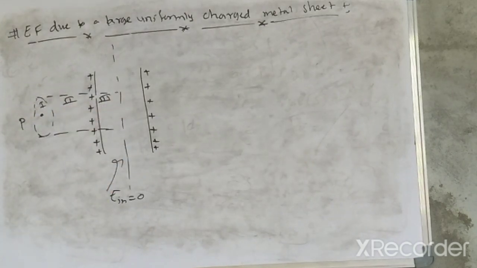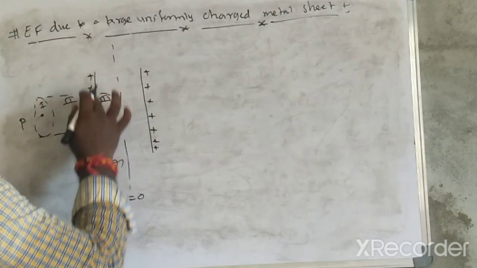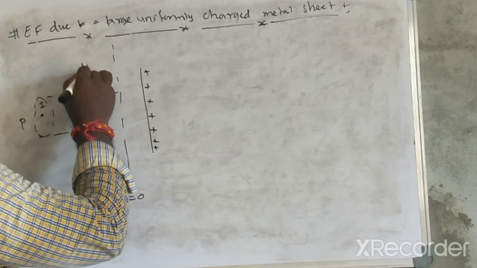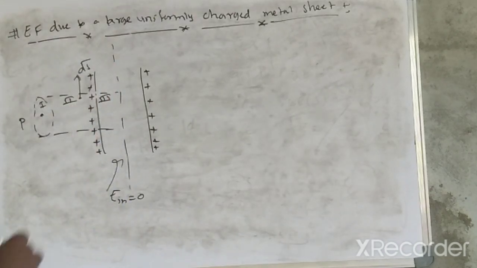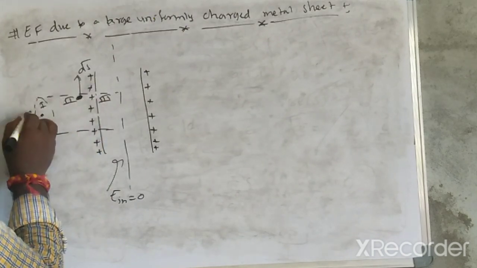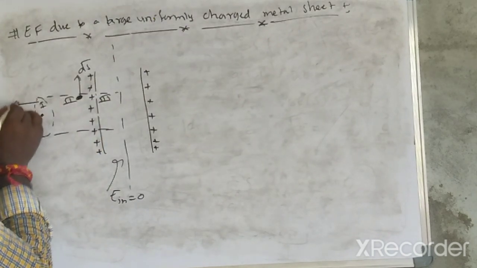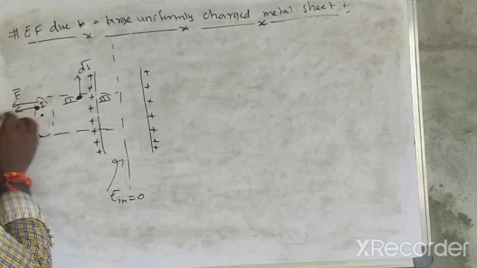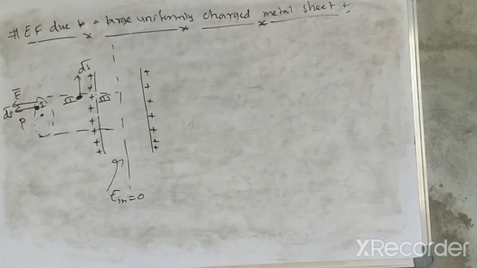The third surface becomes 0 because inside the electric field is 0. For the second surface, this is the direction of the small elemental area and the electric field direction. The ds bar direction is also the same.